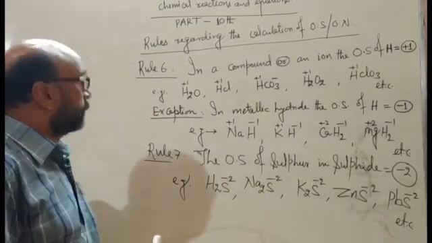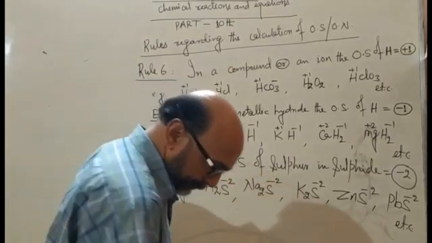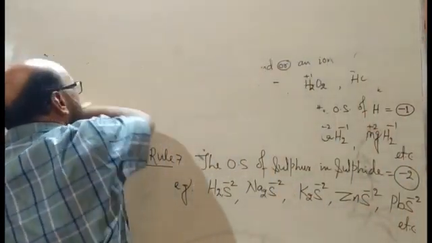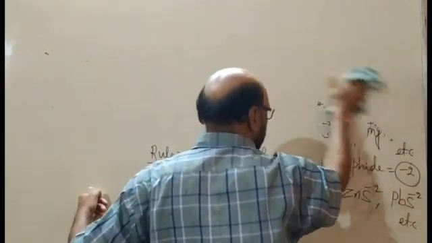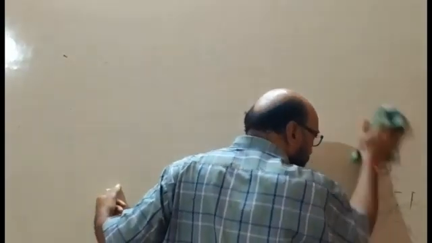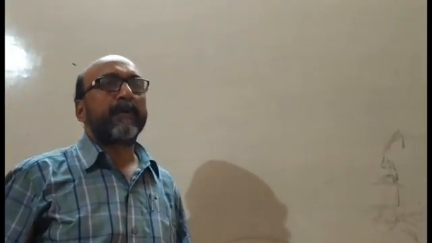Now, 8th rule. Halogen is a family of elements which are placed in group 7A of the modern periodic table or group 17, just before the group of inert elements.